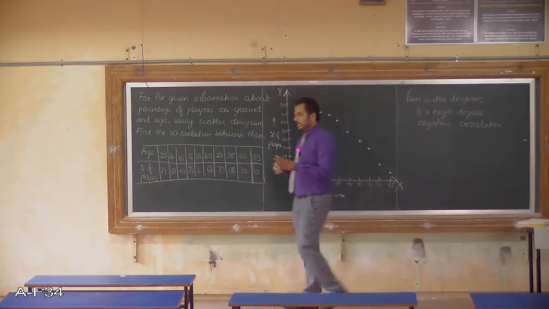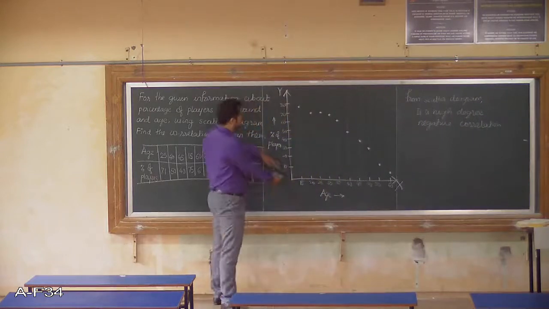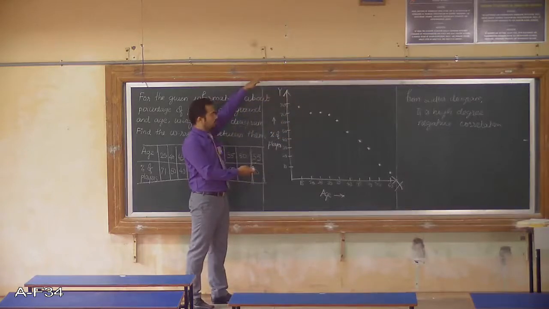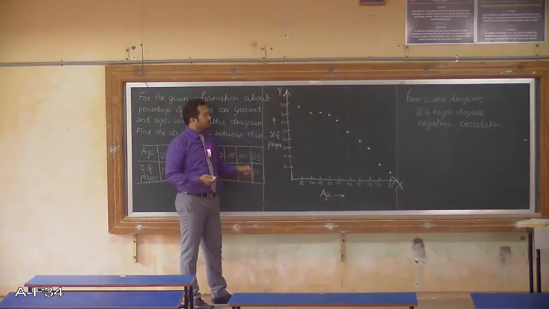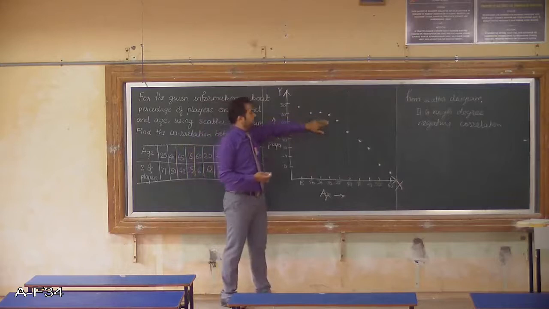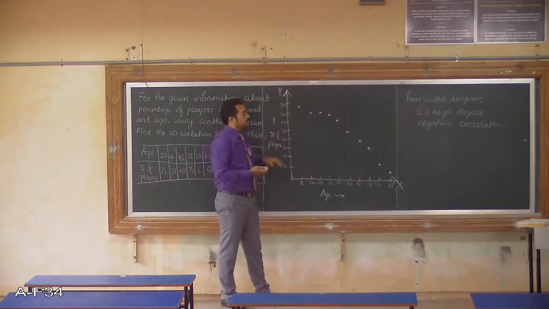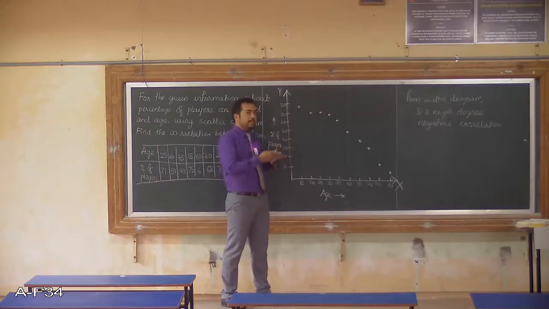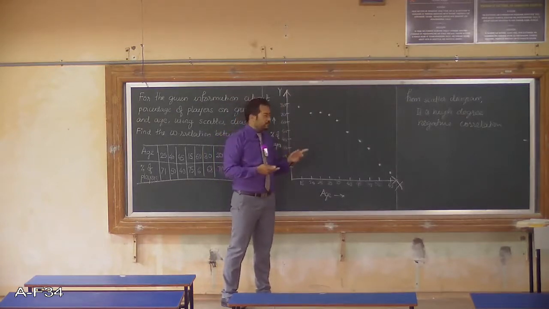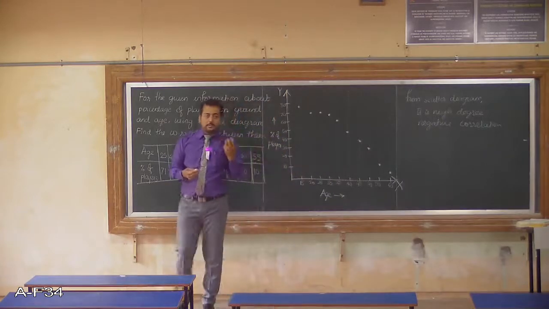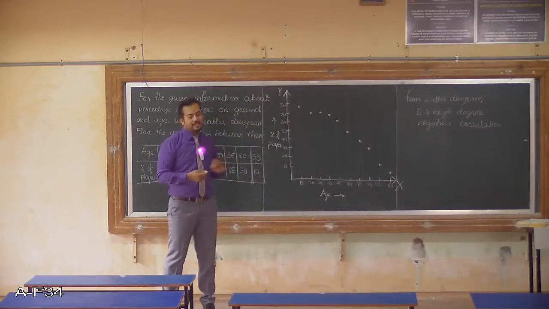Okay, now suppose you expand this y-axis more, you make it taller. Then the difference between these points will also increase. So if you have a very large scale, you may not say that this is a high degree correlation.